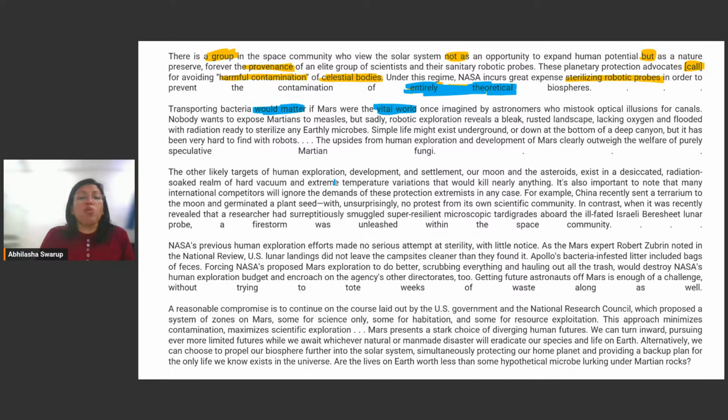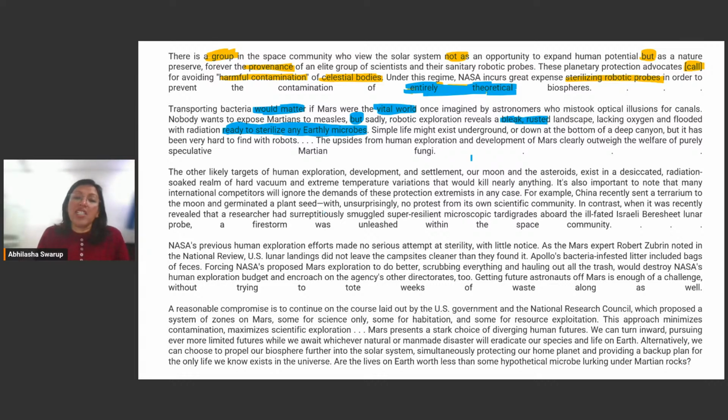Nobody wants to expose Martians to measles, but sadly, robotic exploration reveals a bleak, rusted landscape, lacking oxygen and flooded with radiation, ready to sterilize any earthly microbes. So, if we send any microbes, they are going to be sterilized right away. They're not going to be killing anything.